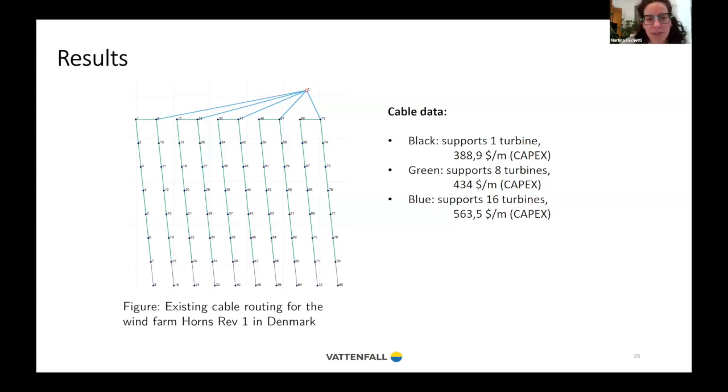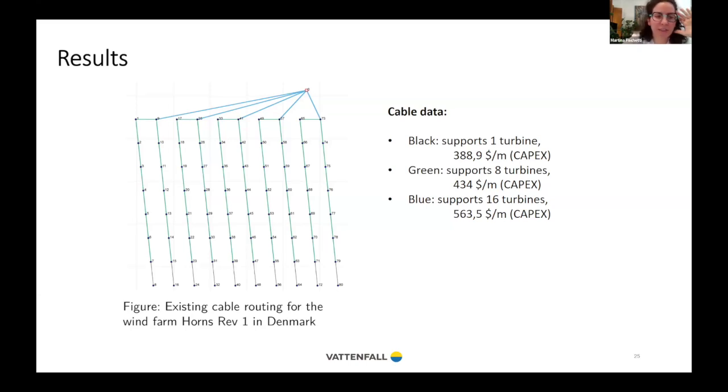Then you have the green one that is somehow the intermediate one. And at the very end, you have the black line that is the smallest cable that can support the current from only one turbine, but is also the cheapest one. You can see that the layout is very pretty, is very regular, and it was done by a human.